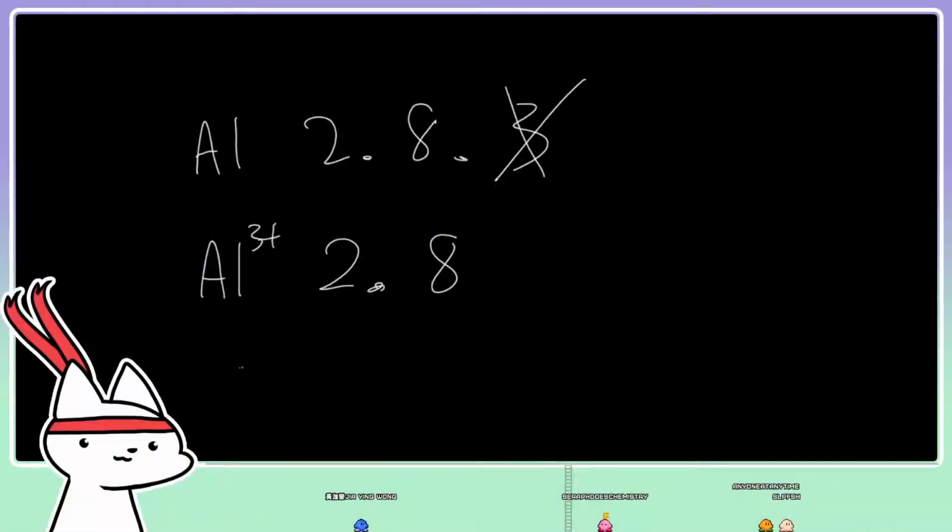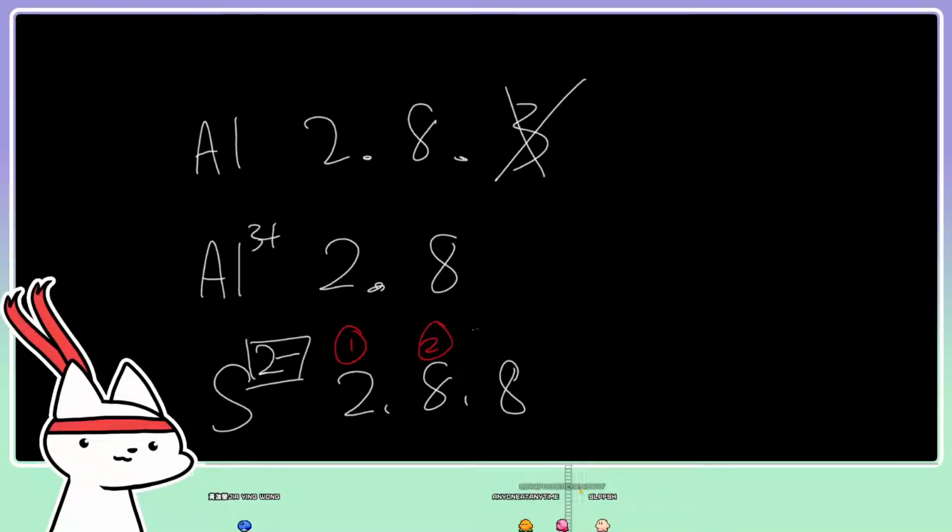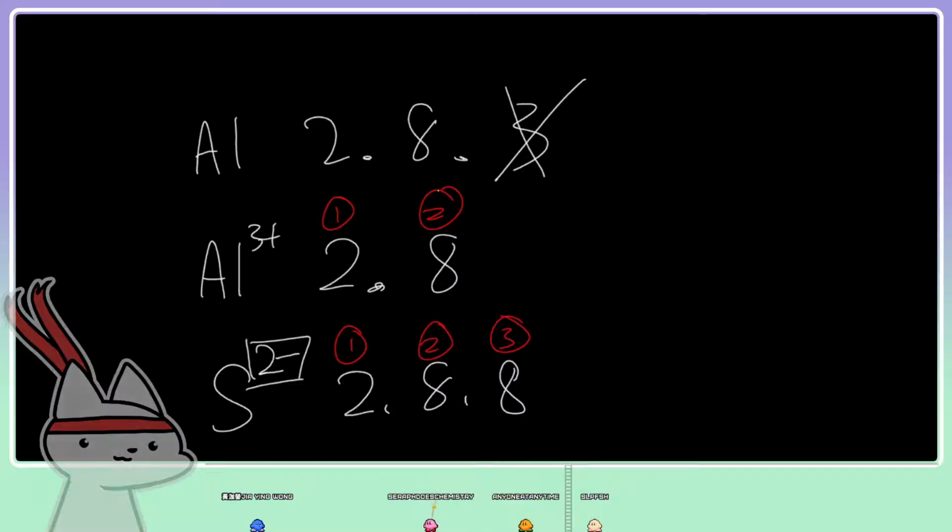Whereas compared to something like sulfur, which is 2,8,6, because of the 2 minus, it becomes 2,8,8. So you have a total of 1 shell, 2 shells, 3 shells, compared to the 1 and 2 shells. So that's that.